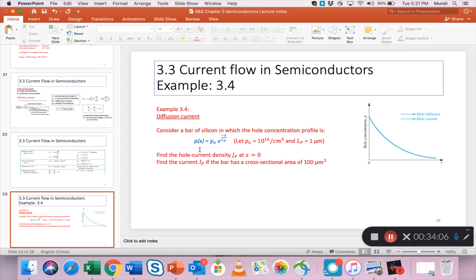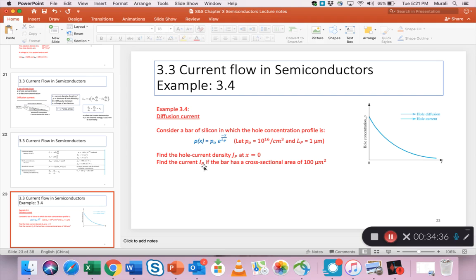Given this, find the hole current density Jp at x equals 0. That means find it right here. This is x, the distance. So at x equals 0, the highest possible value of P, let's calculate and see what it comes out to be.